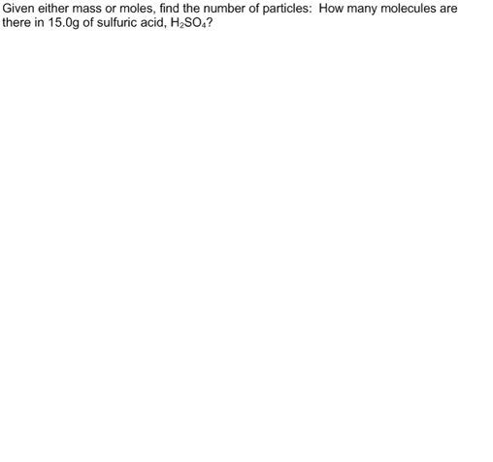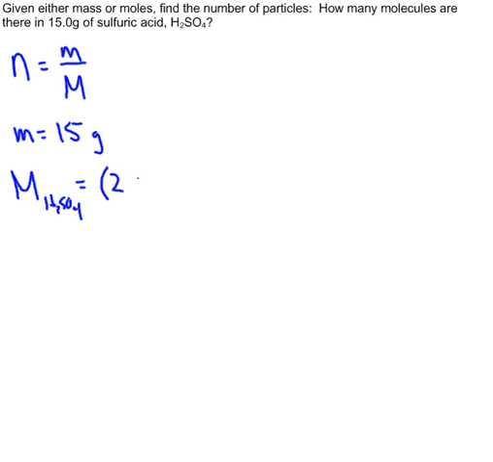So let's work out the number of moles first, remembering that n equals little m over big M. We know little m is 15 grams. It was given to us in the question. And then we'll use the periodic table to find the molar mass of H2SO4, which is made up of 2 hydrogens. So that's 2 times 1.01 plus 1 sulfur.